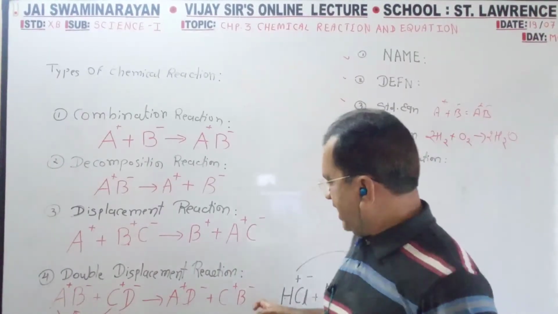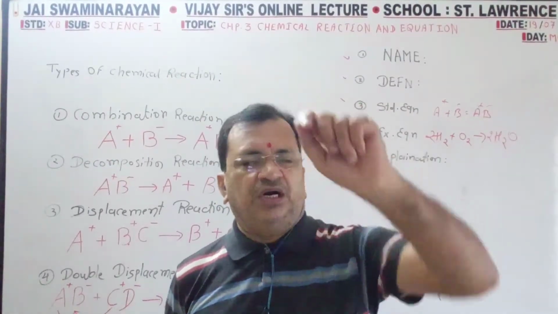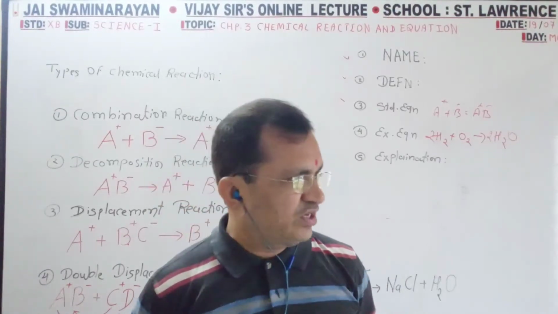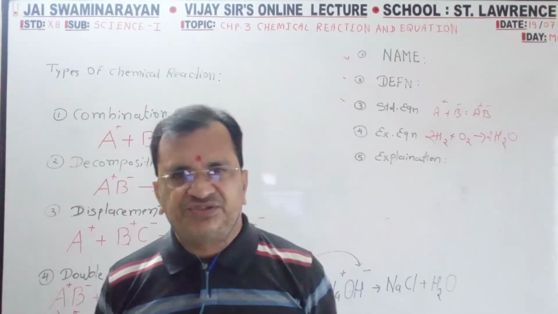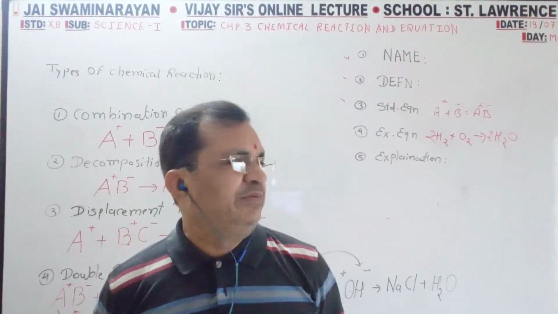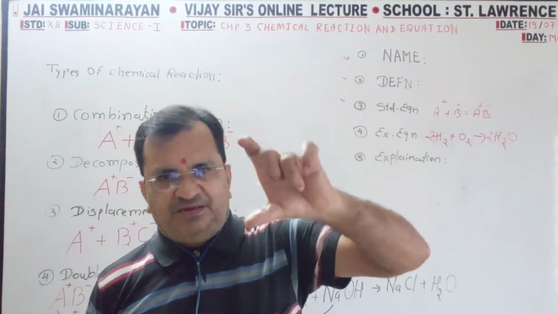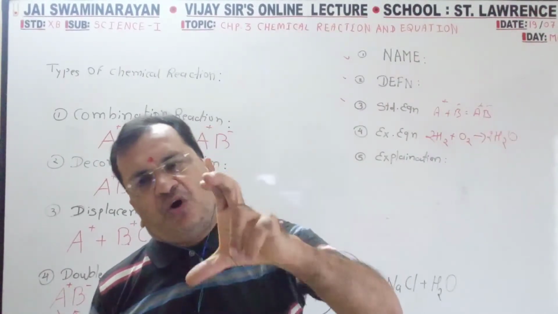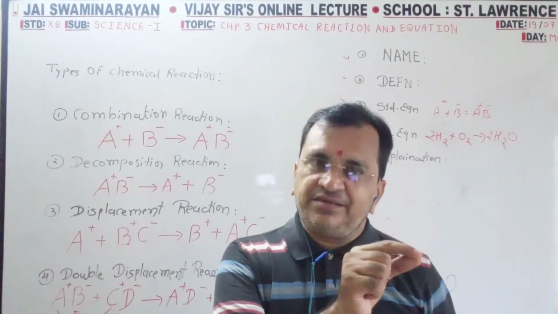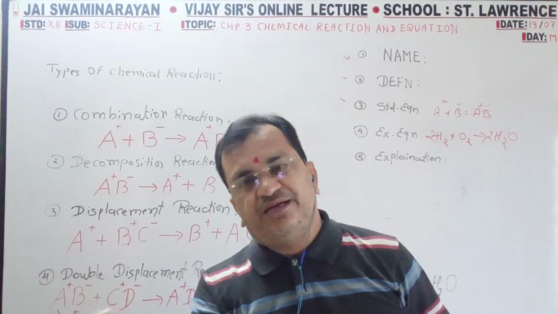Simple example, when we dip an iron nail into copper sulfate solution. That is an experiment in your journal also that we will demonstrate personally when we meet in the laboratory. Iron rod or nail into copper sulfate solution. Iron gets combined with the sulfate and copper will be separated.